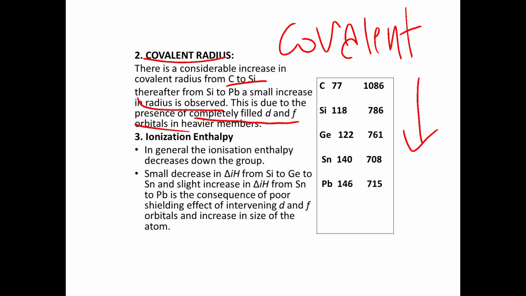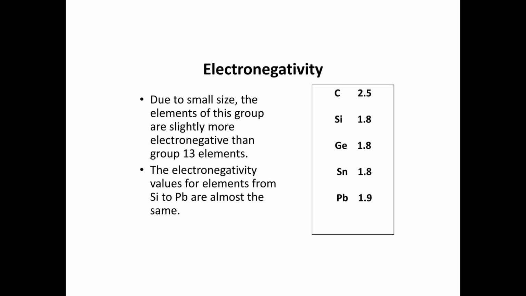And if we check the ionization enthalpy, it decreases down the group. If we check the electronegativity, you can see the electronegativity values here. While moving down the group, electronegativity decreases from carbon to tin. From carbon to silicon, it is decreasing.